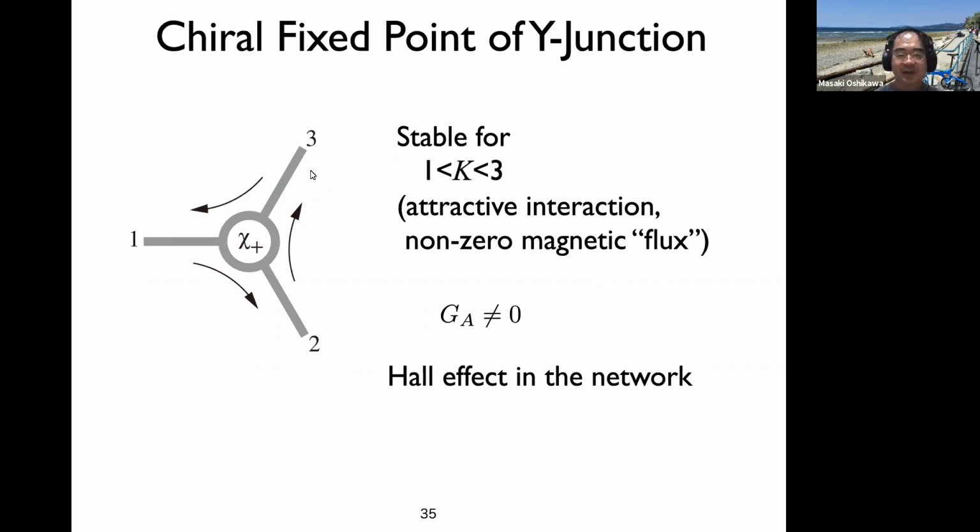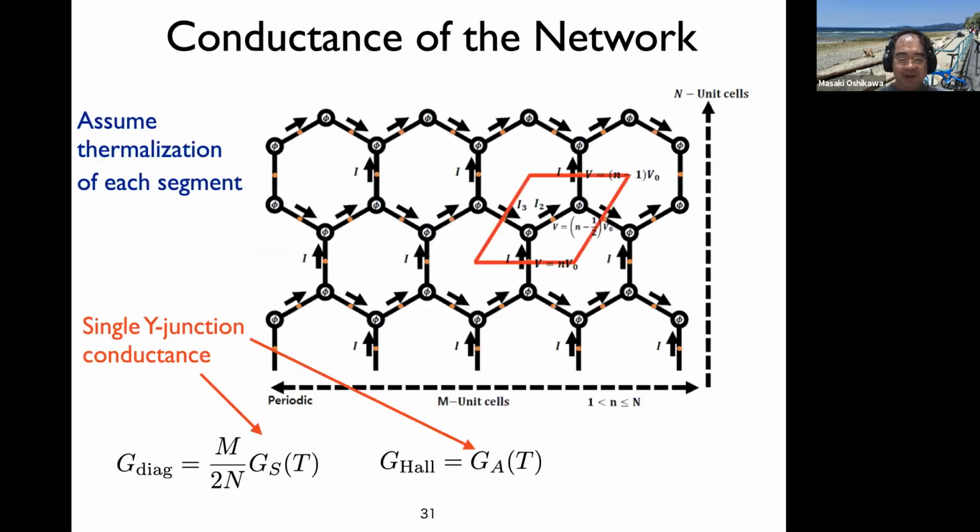So this is an asymmetric fixed point, with non-zero asymmetric conductance. If you build a network out of this, then you obtain Hall conductance. I skipped this part, but if each junction has this asymmetric conductance, then the entire network has Hall conductance, which is given by this asymmetric part of the conductance.